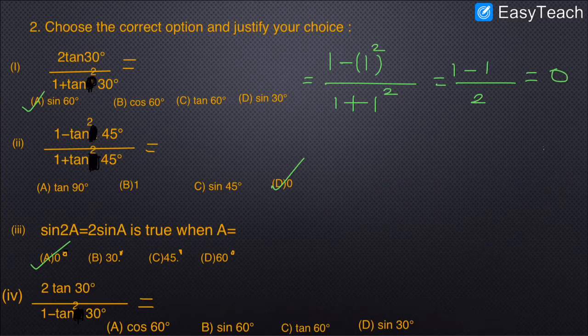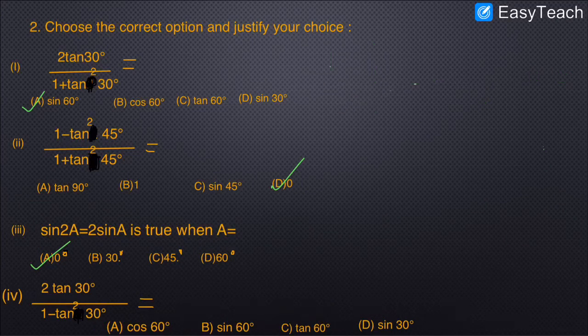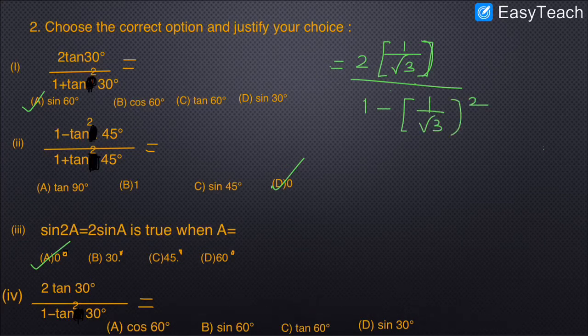Okay, fourth question. 2 tan 30 divided by 1 minus tan square 30. From the chart, tan 30 is 1 by root 3. So I substitute the value. So 2 into 1 by root 3, divided by 1 minus 1 by root 3 the whole square.